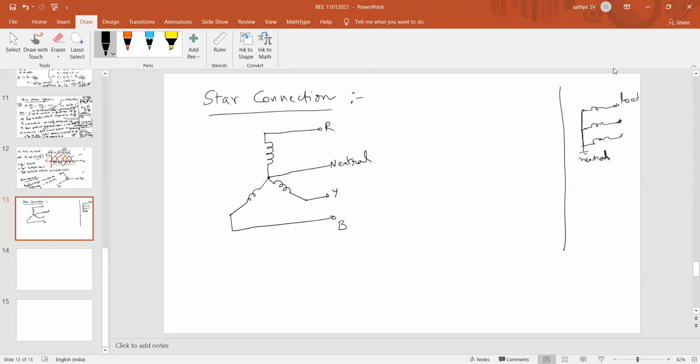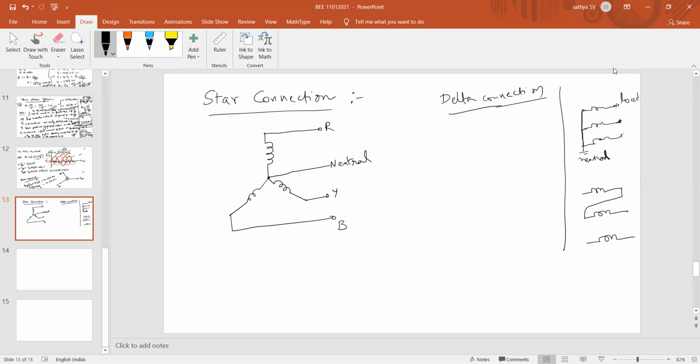Now coming to the delta, how will the delta look? Delta connection is simply joining the terminal end of one coil to the initial end of the next. There are three coils. The first one's terminal end is connected to the second one's initial end.